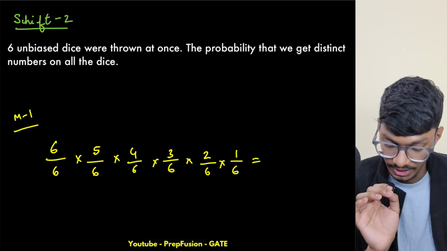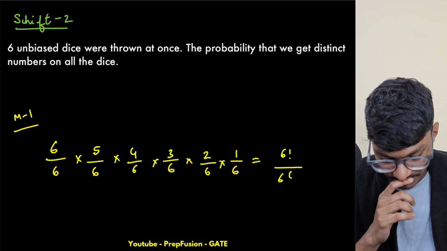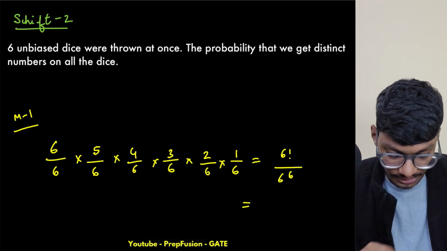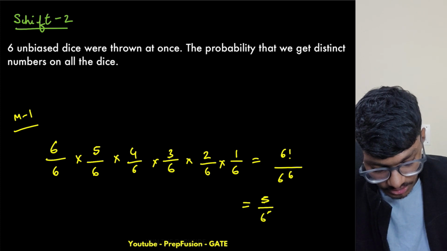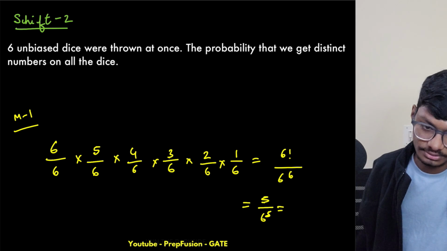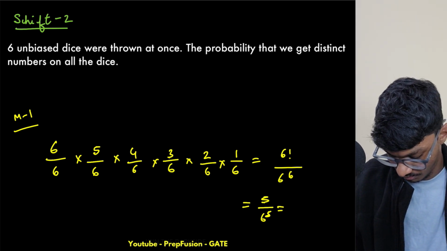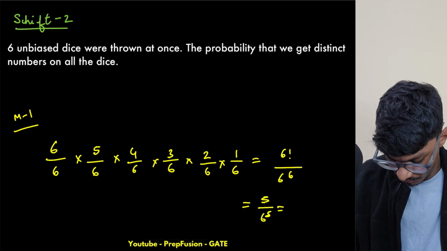Okay, so this will be my answer. This is simply like 6 factorial upon 6 to the power 6, or this is something like 5 upon 6 to the power 5. Let me just calculate this.